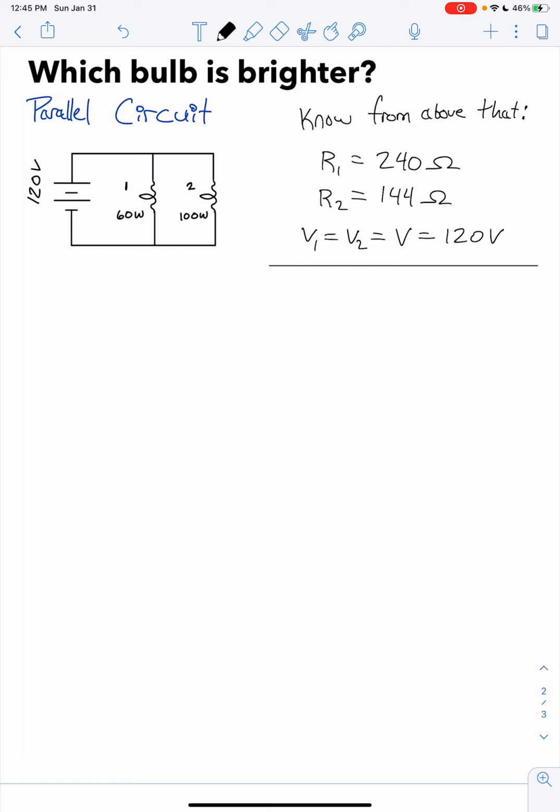Or we can also calculate the current from the potential difference and resistance. So we've got some choices to make here. Let's just note that we've got two ways to go. I'm going to start by saying I'm going to find the current.